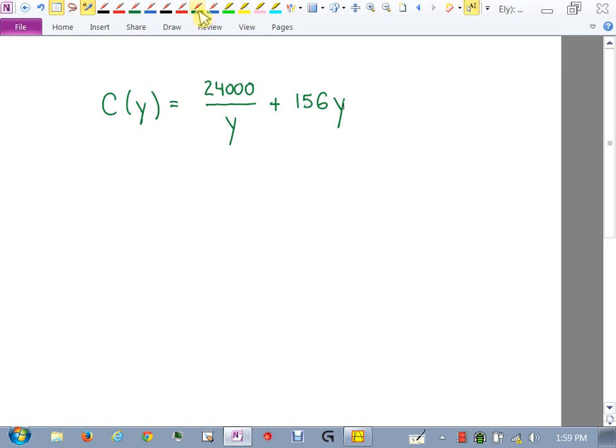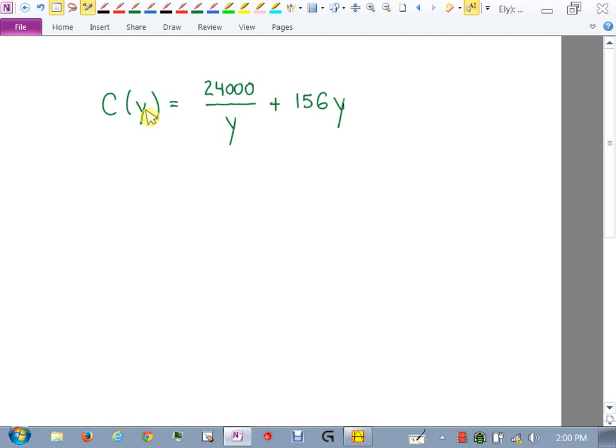And notice the way I wrote my cost. I wrote C of y. That's to stress to you now that we have basically gotten our cost down to a function of one thing. Instead of you having to tell me one side of the pen and the other side, just give me the y. Just tell me how long the marble fence is going to be, and I will be able to tell you everything about the cost. Understand that?